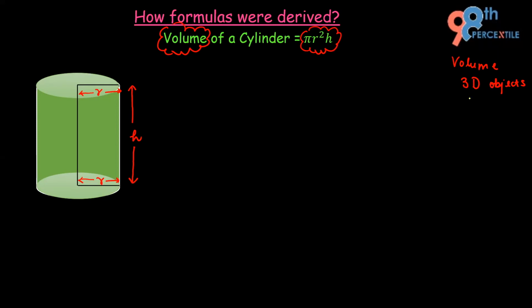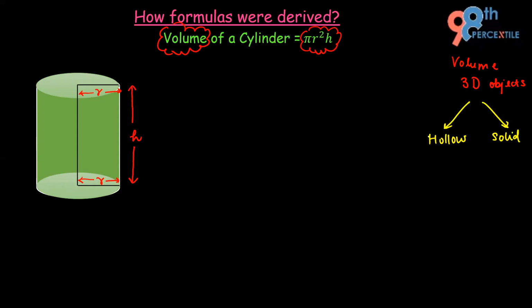Volume has two interpretations. First is for the case of a hollow object, and second is for the case of a solid object. If you have a hollow object, for example a glass, that glass is an object in which you can fill some liquid.